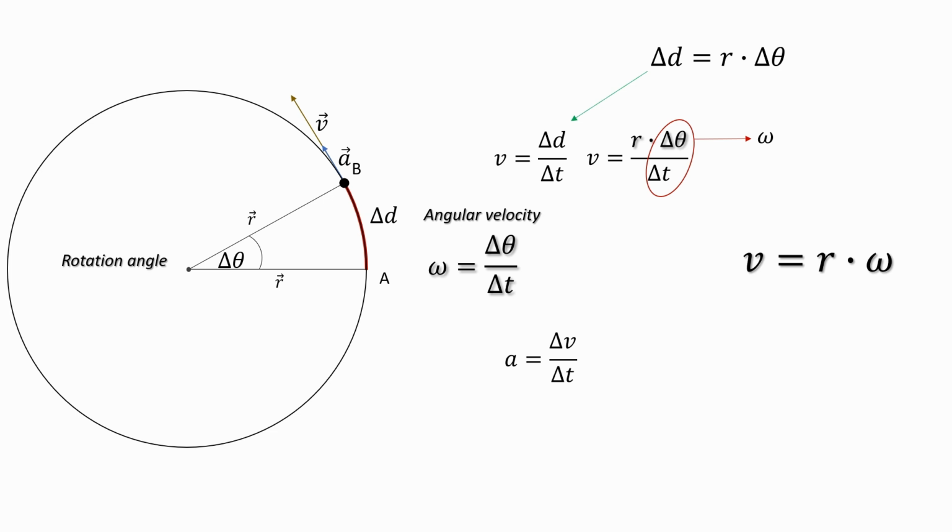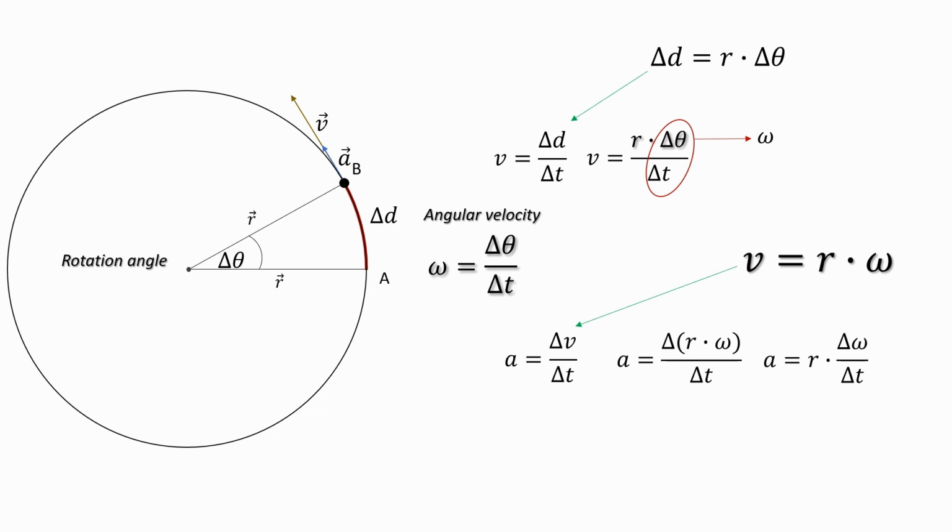By substituting velocity from the previous equation, a equals delta r times omega over delta t. As the symbol delta represents a change in a quantity, and considering that the radius r remains constant in circular motion, delta does not affect radius, allowing us to place it directly before the angular velocity omega.